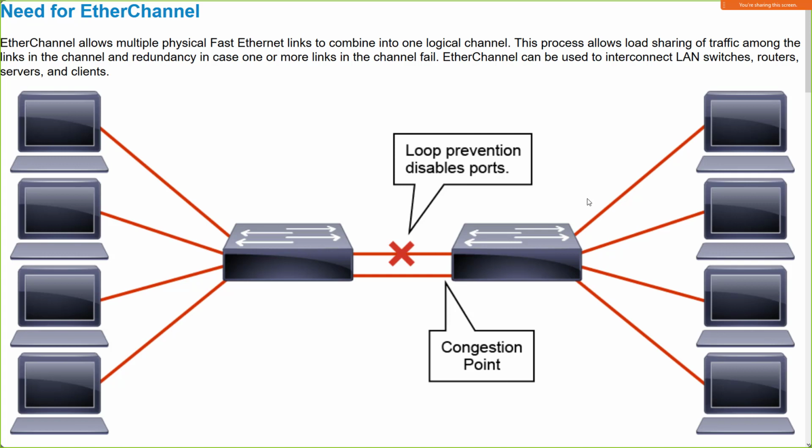So we'll have the redundancy, but we don't have the additional bandwidth or throughput that link would provide if both links were active at the same time. So if I'm already going to have a secondary link attached between two devices, why don't I use the bandwidth of both of the links? And if one link fails, it's no different.